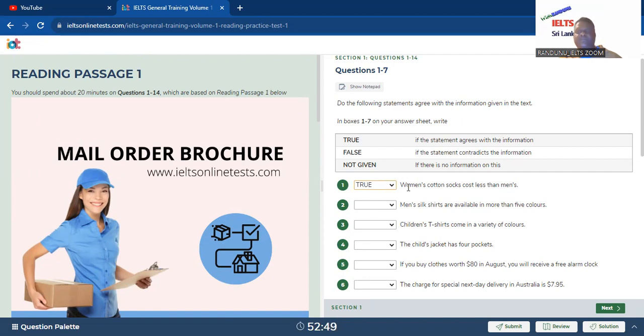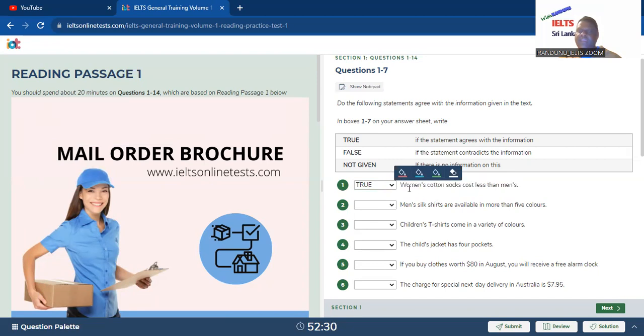Another possibility is to have information which is contradicting. There is something about this which is contradicting.